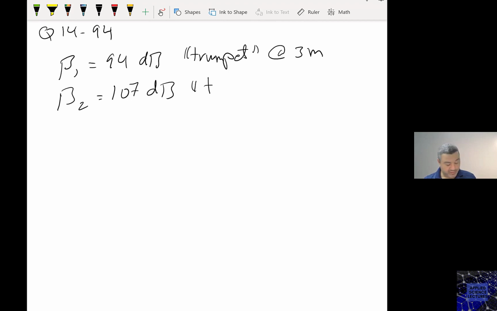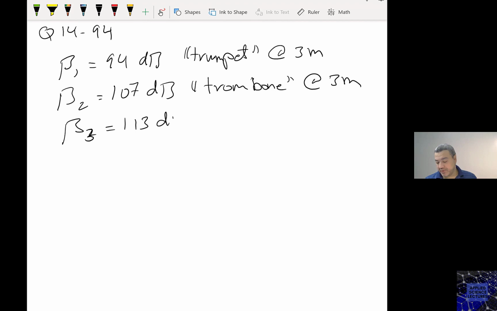This is for trombone at 3 meters. And then beta 3 is 113 dB at 3 meters.